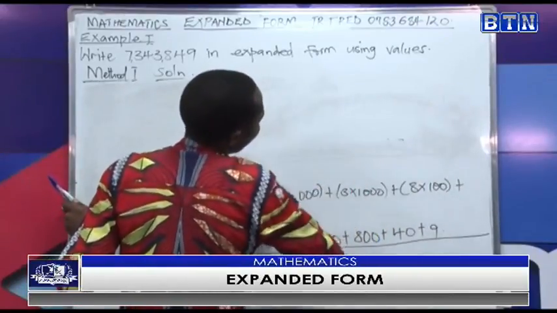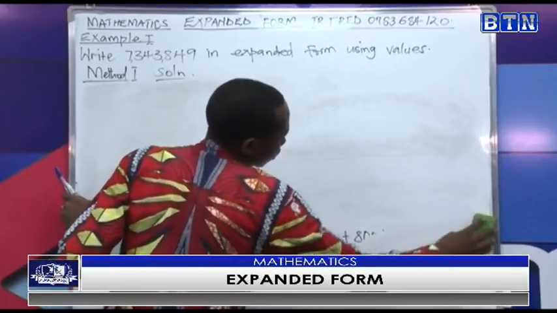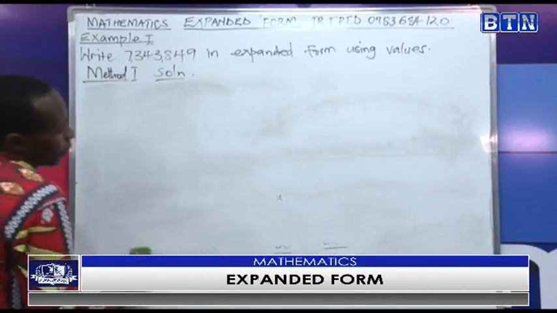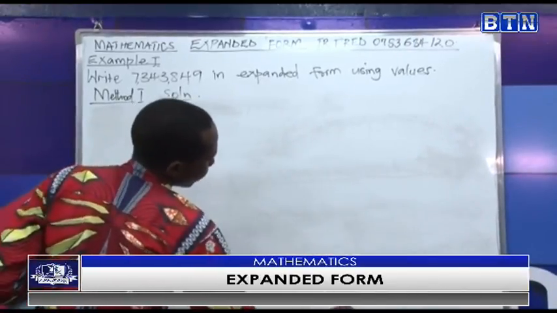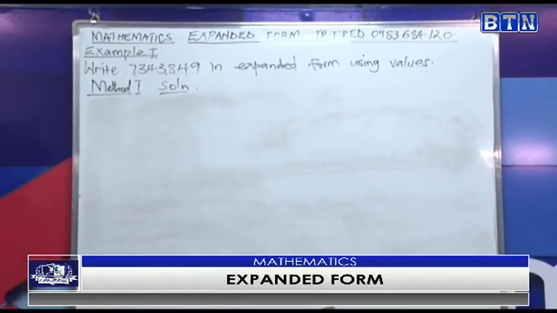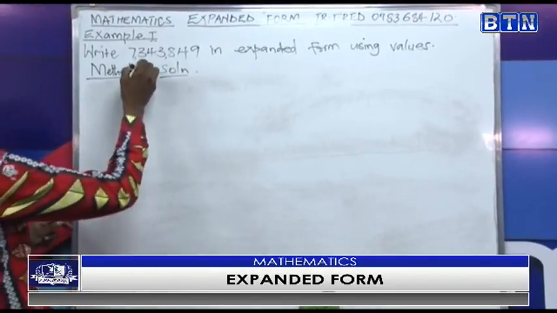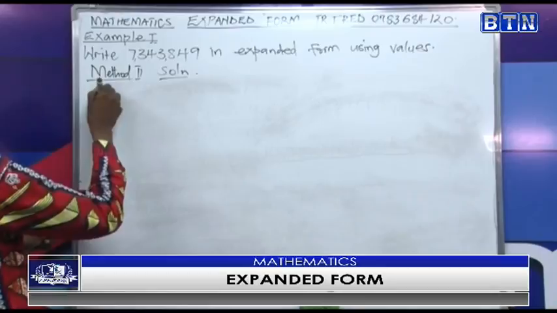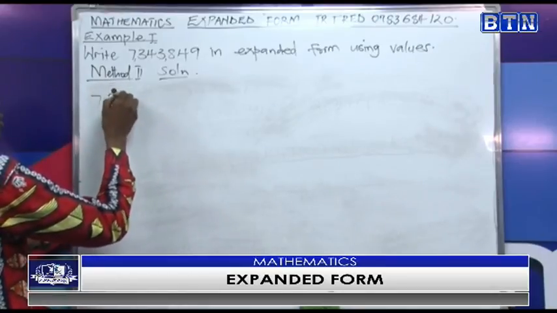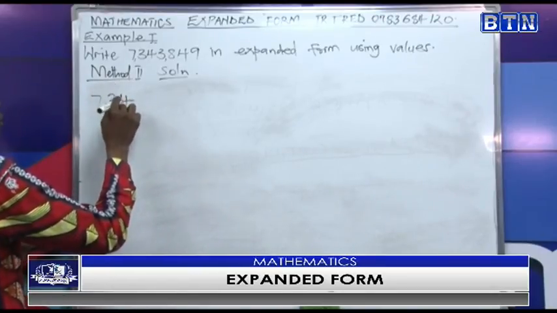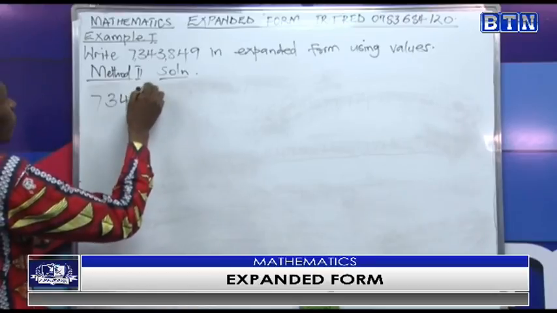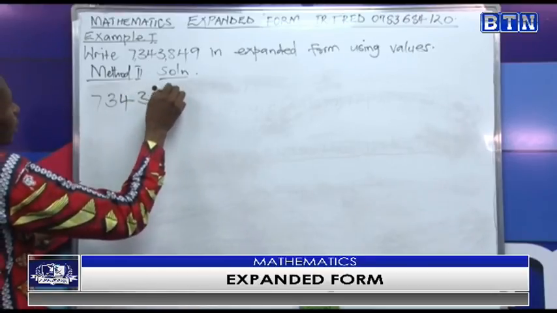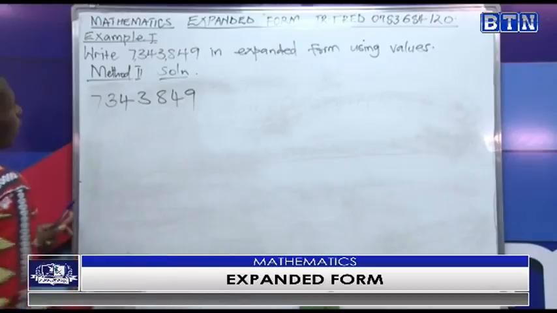When you are asked to express or to write a number in expanded form using values. So method 2, we shall say we have 7, 3, 4, 3, 8, 4, 9.